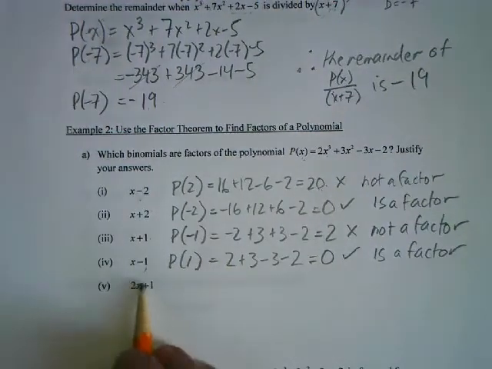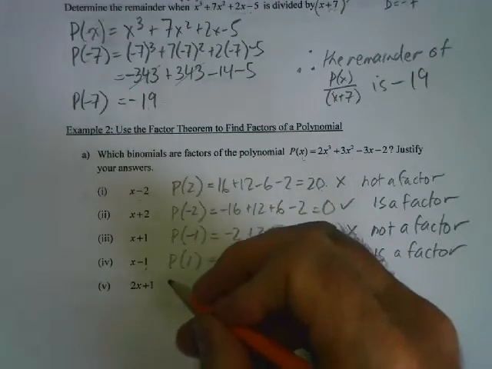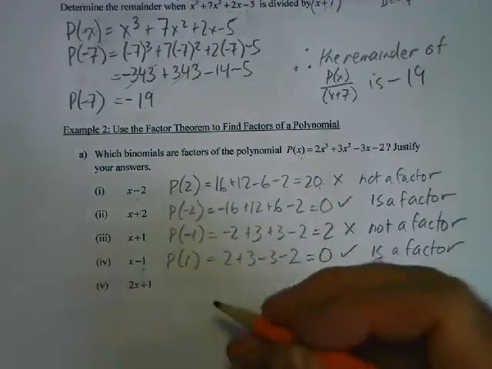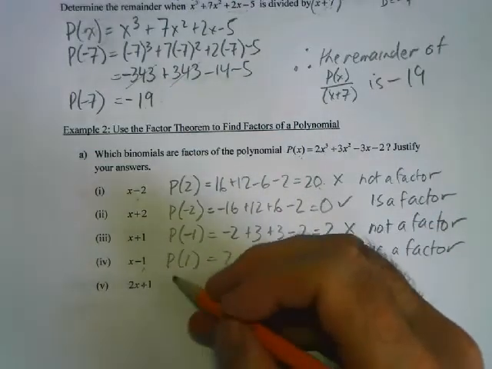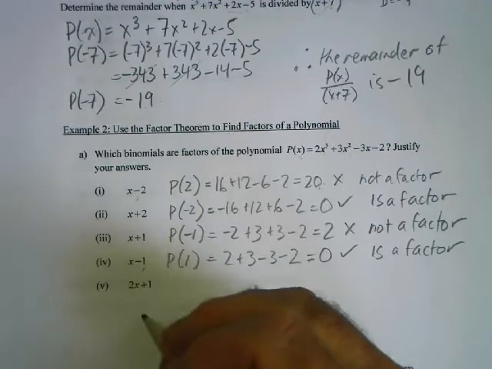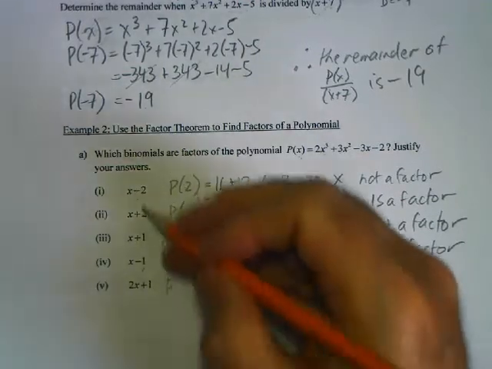Okay, now this time we're testing something that's a factor that's got a coefficient in front of x other than 1. If you remember, you're basically finding the zero that would be created if that was a factor. What would the zero be? That's what we plug in, and that's what we've been doing all along.